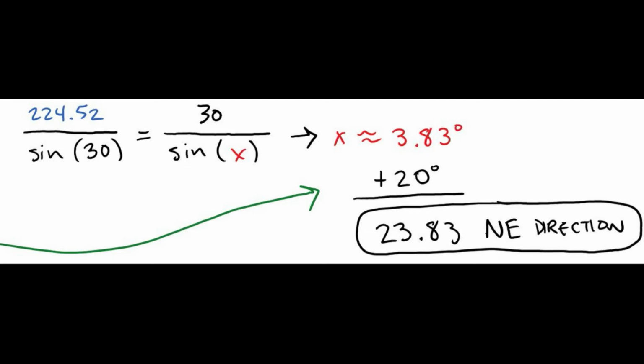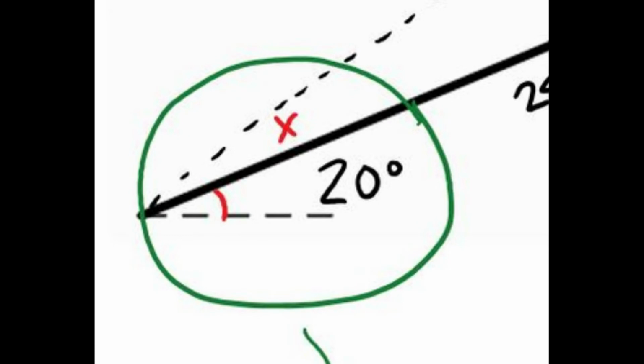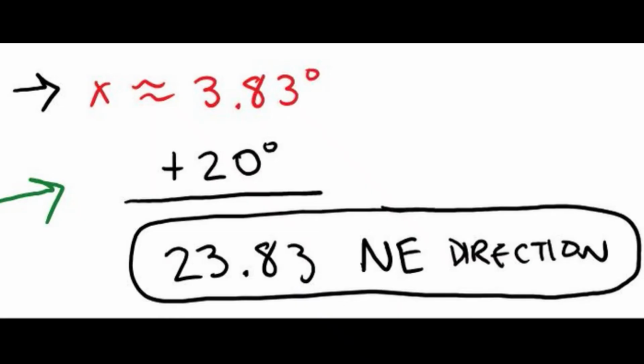That's the red X angle, and then I'm adding it to the 20 that they gave me at the beginning, because it has to be off of horizontal. It's not just inside the triangle, it's off the horizontal. So 20 plus 3.83 degrees, we get 23.83 degrees northeast off the horizontal. So that's how you get that.